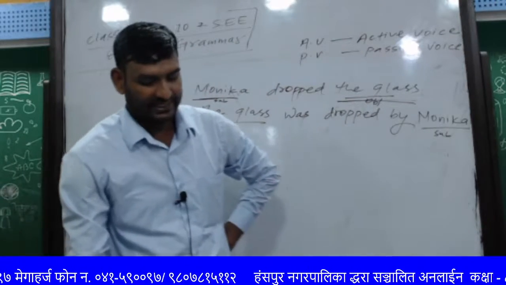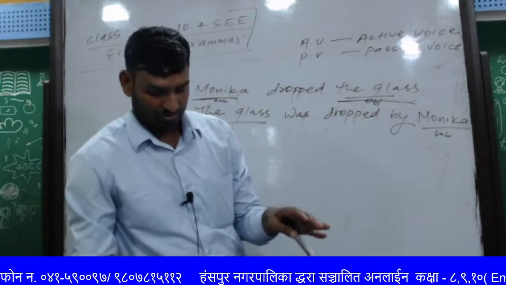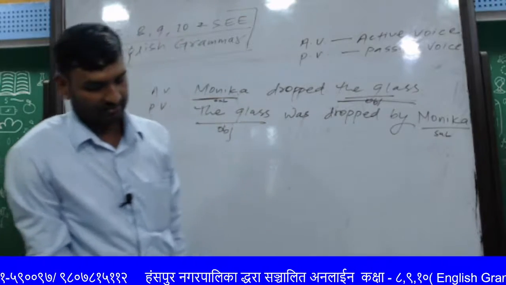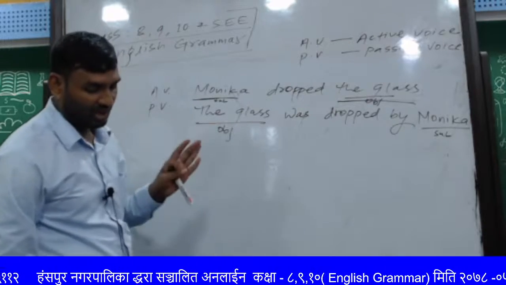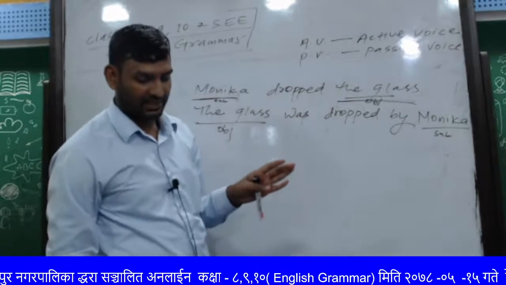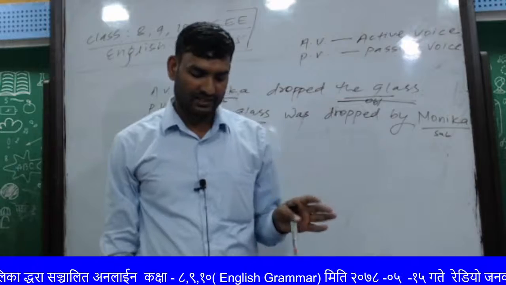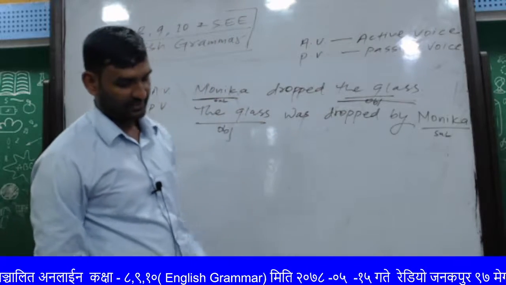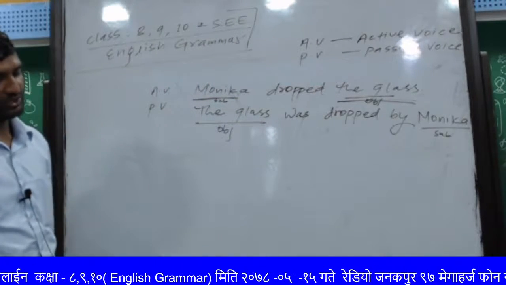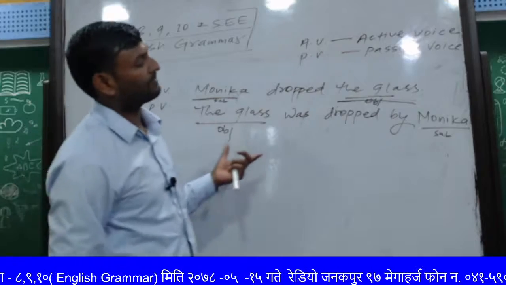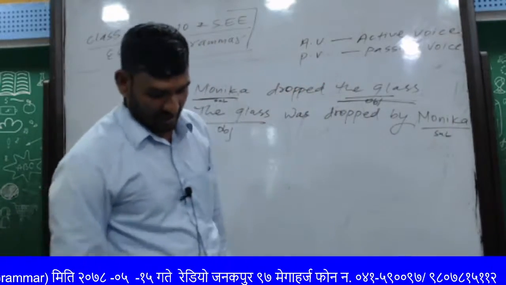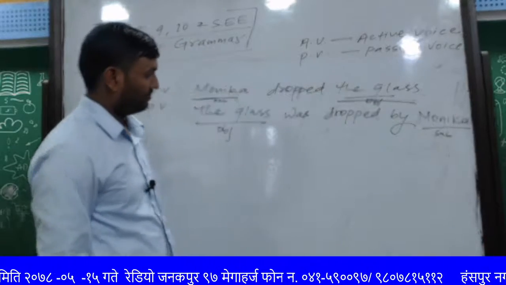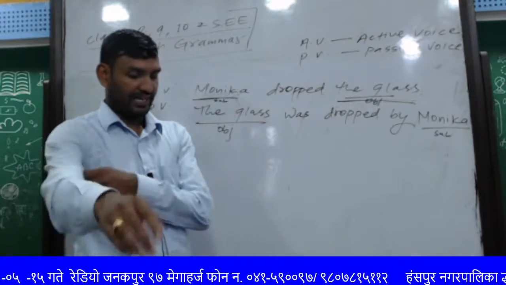The subject in the active sentence is changed into by plus object or agent in the passive sentence, or the object in the active sentence is changed into the subject in the passive sentence, and the verb is changed into be plus past participle. Past participle means the V3 form. So these are the basic rules, and I am going to write them.